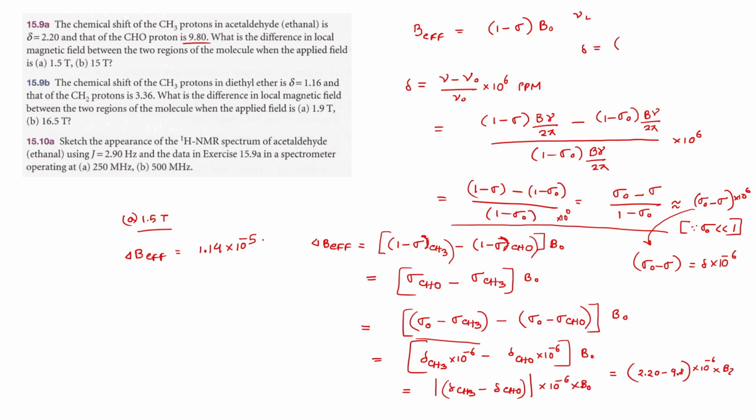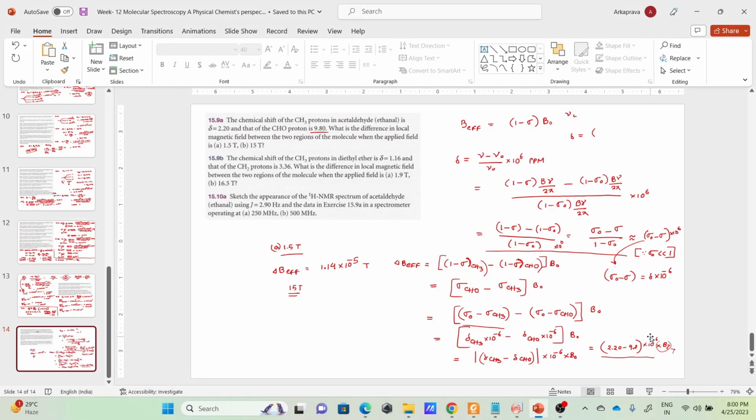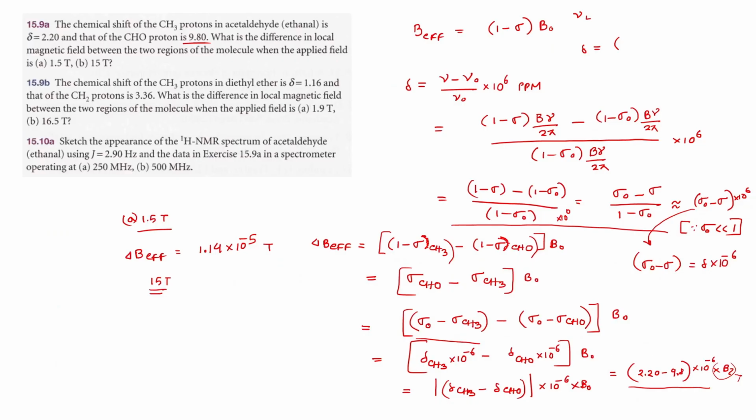In Tesla, because this has no unit and this has a unit of Tesla, right? And at 15 Tesla obviously it will be 10 times, so delta B effective will be 1.14 into 10 to the power minus 4 Tesla.